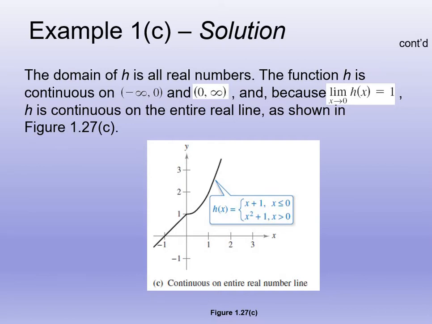So the limit does exist because the left-hand side and the right-hand side are equal to each other. And the limit equals the value. So there's a defined value, there is a limit, and the limit equals the defined value. So in this case, we can conclude that this function is continuous on the entire real number line.